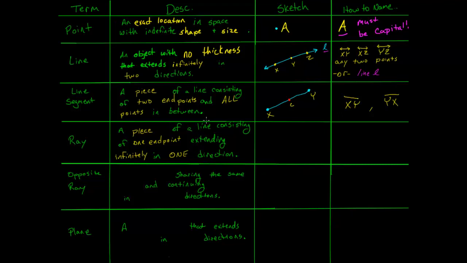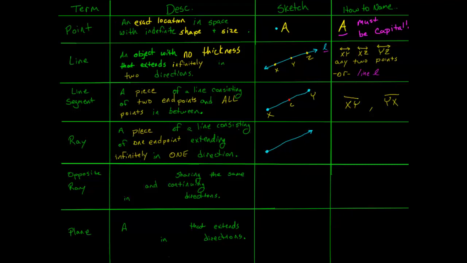So, looking at the description, it's a piece of a line consisting of 1 endpoint extending infinitely in one direction. Now, a line extends infinitely in two directions. A line segment is just two endpoints. So this has one endpoint. So if I was going to come over here and draw this, there's one endpoint, and it extends infinitely in one direction. So if I drew it in this direction, and to show that something is extending infinitely, we put the arrow on the end.